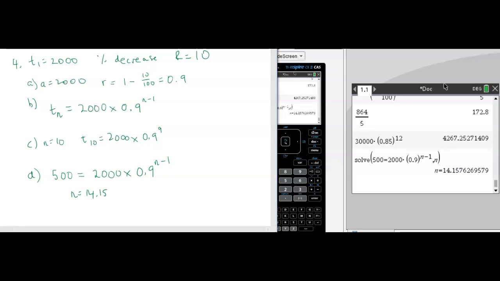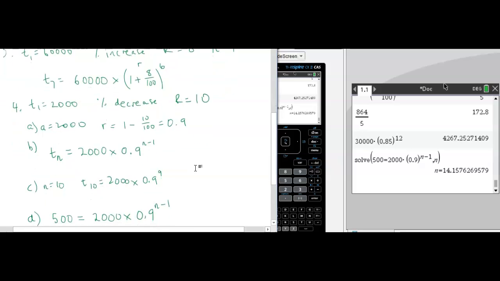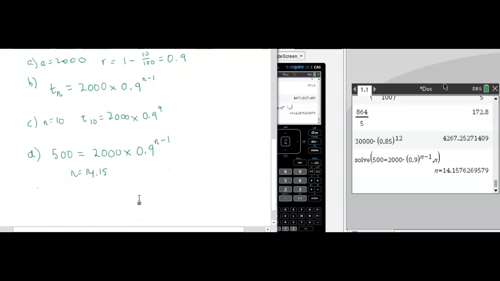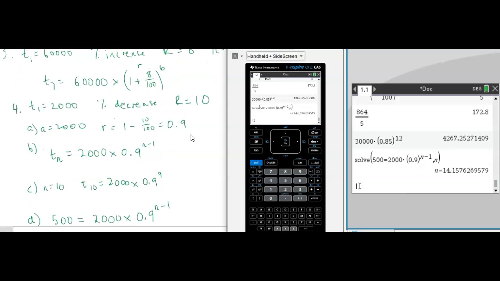Now it does ask, let me just scroll up. It has when it's less than 500. If we do 14, it's not going to quite be there yet, so you have to round up. So 15 years.